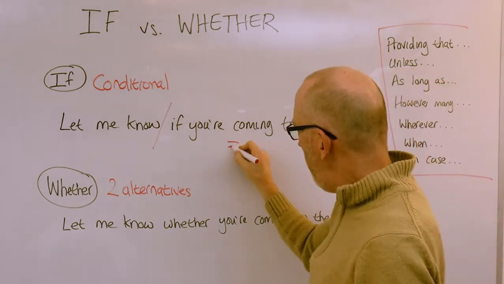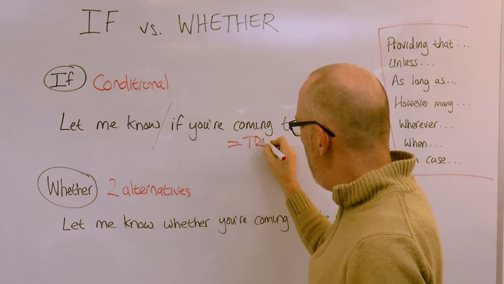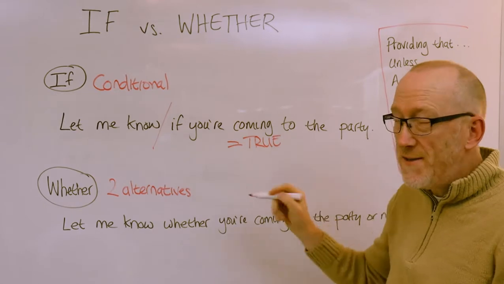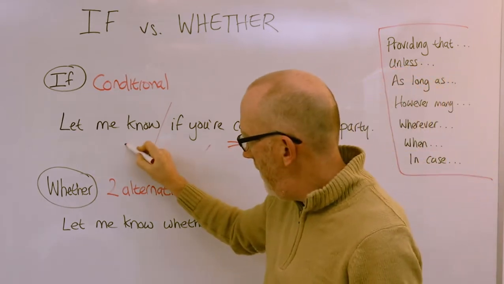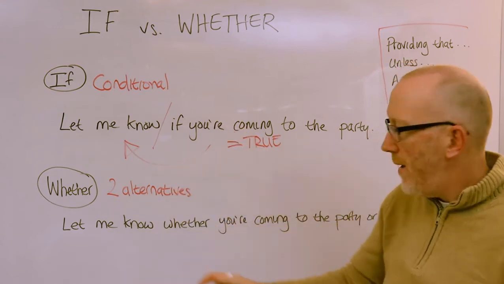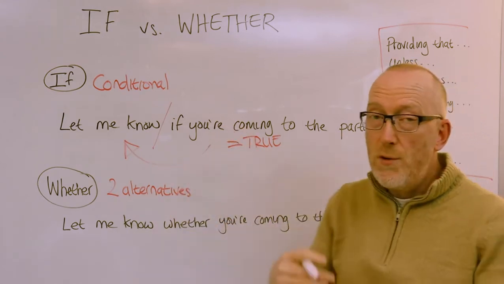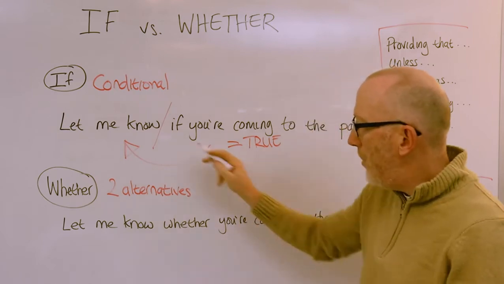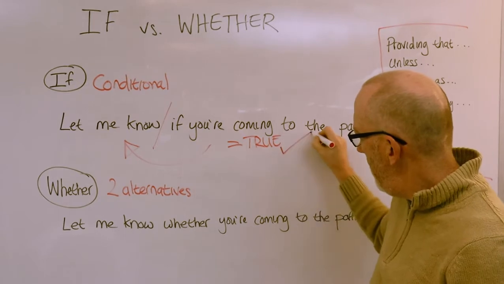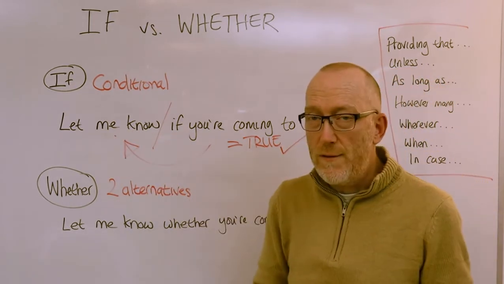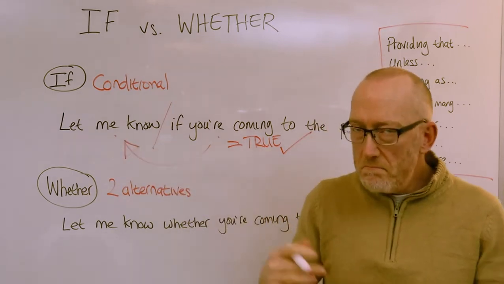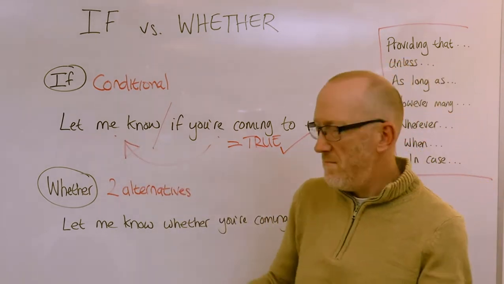So if this is true, if you're coming to the party, then this action has to follow. Let me know. If you're not coming to the party, you don't have to do anything. But if you are coming to the party, and this is true, this action follows. So this action has to be true before this action is relevant. Okay, that's a condition. Makes sense.